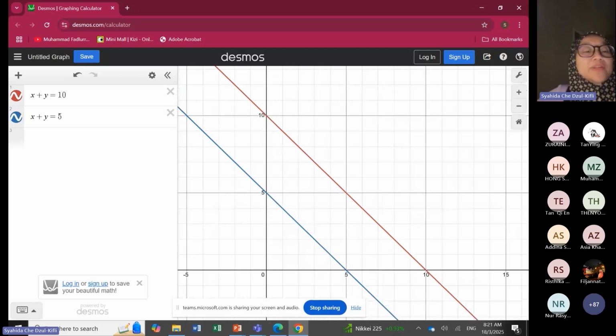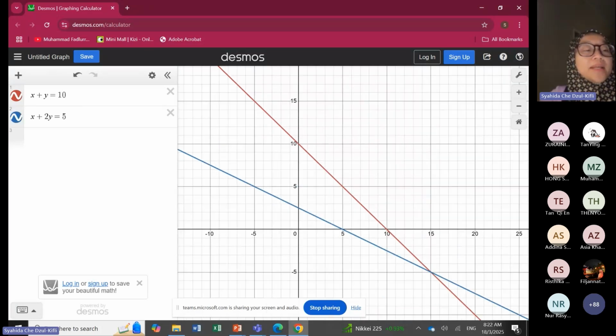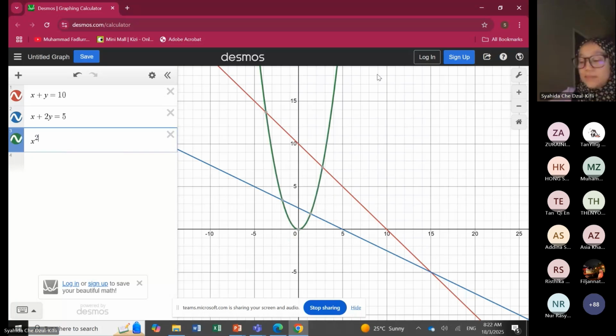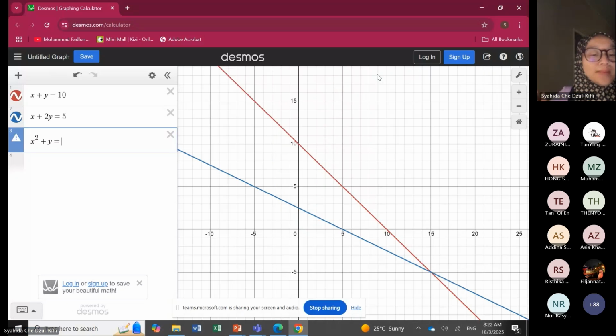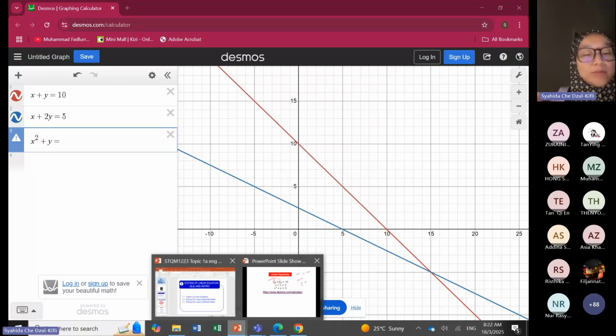Okay, linear equations are not necessarily parallel, but these two equations are parallel. We may adjust a little bit. So we have two different linear equations. What about the third equation, x squared plus y equal to 5?